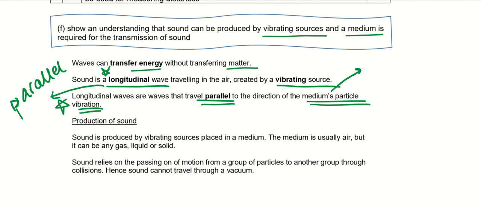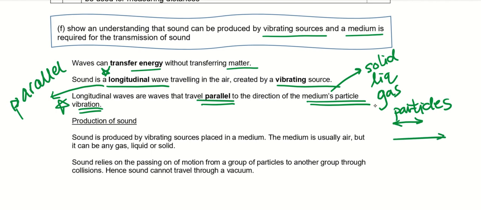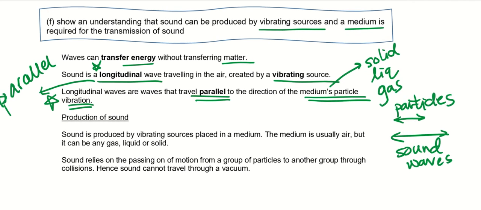The medium can either be solid, liquid, or gas. Let's say now I'm talking. The medium is actually air. I make the air particles vibrate. Let's say I make them vibrate going left to right. This is the particles' vibration. The sound wave will be in the same direction, parallel to the direction of vibration of the medium's particles.